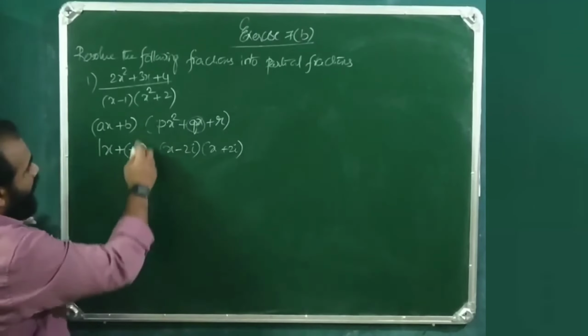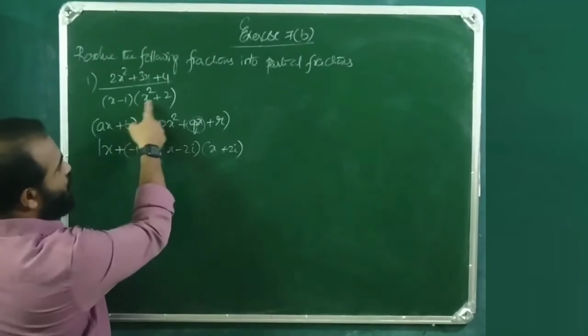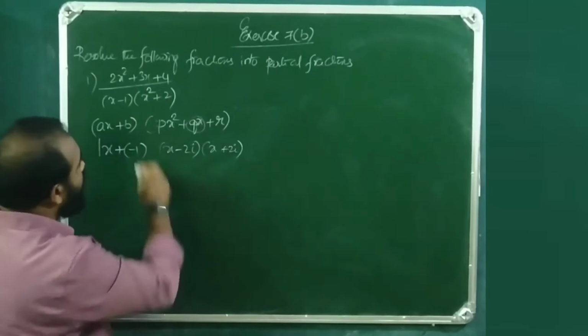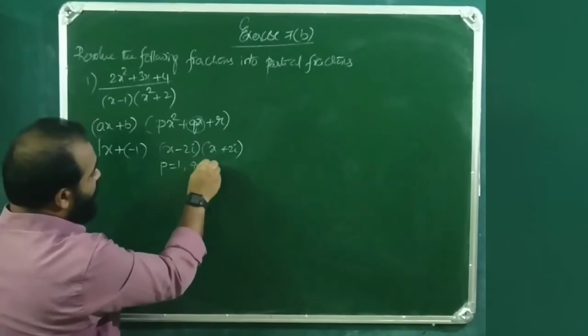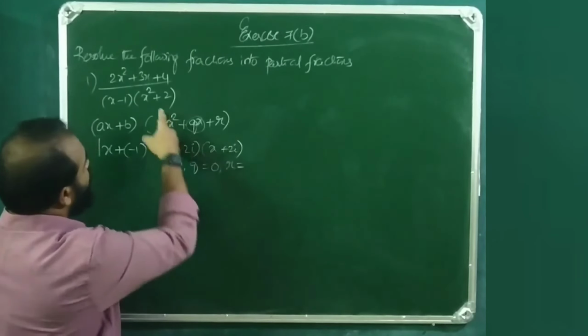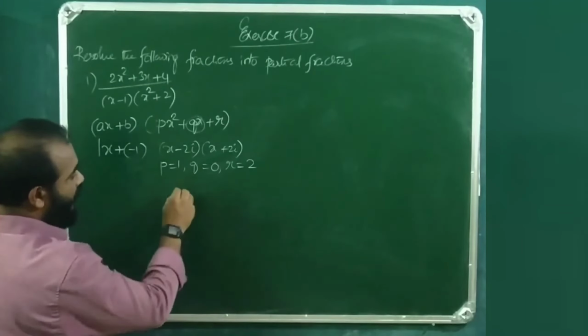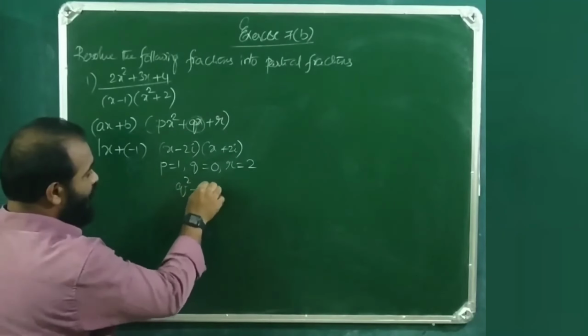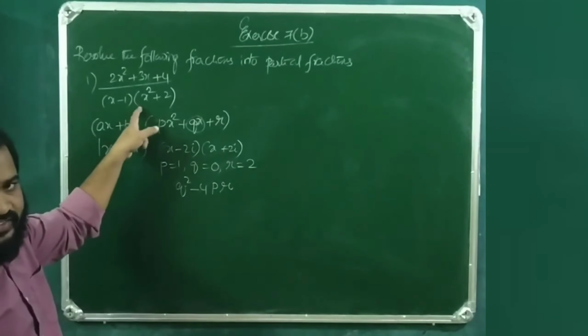And how can we say it directly? See here, this is in the form px square plus qx plus r equals 0. So p equals 1, q equals 0, r equals 2. The discriminant is q square minus 4pr.